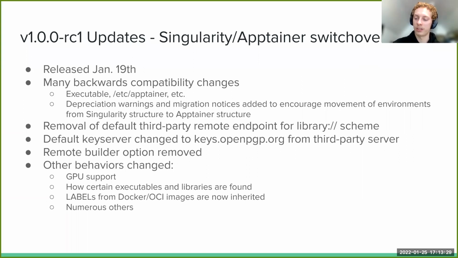I'm going to take a moment to grab my notes about the backwards compatibility to make sure that I have some valid examples here. There's been all kinds of backwards compatibility changes. Things like the executable itself has been renamed from Singularity to Apptainer. The configuration directory has been moved from /etc/singularity to /etc/apptainer.